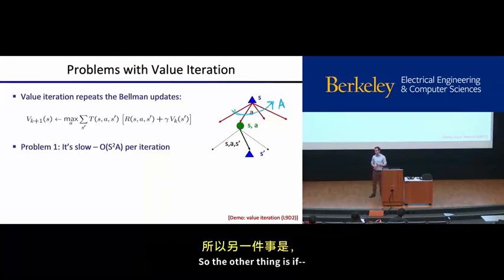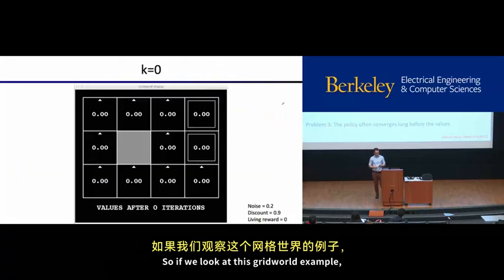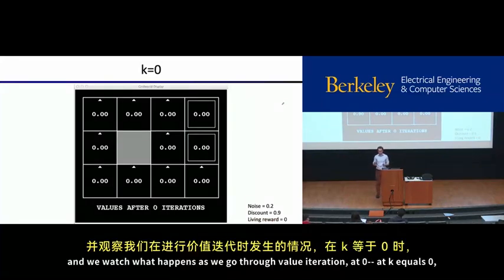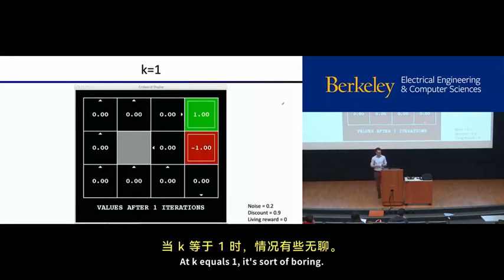Okay. So the other thing is, it will turn out that the argmax at each state rarely changes. So if we look at this grid world example and we watch what happens as we go through value iteration, at k equals 0, there's just zeros everywhere. At k equals 1, it's sort of boring.